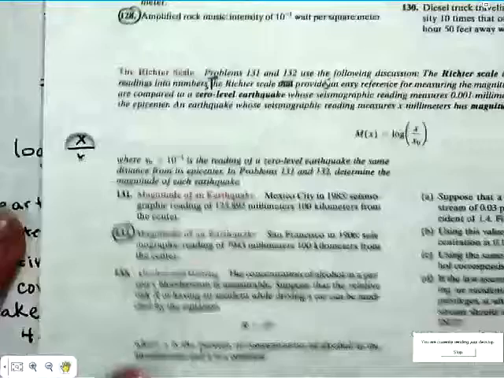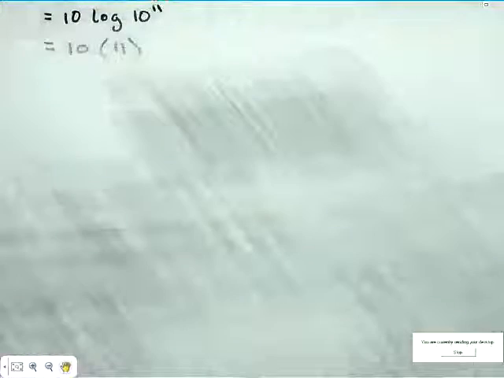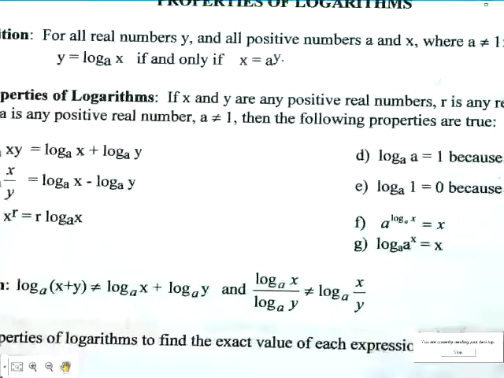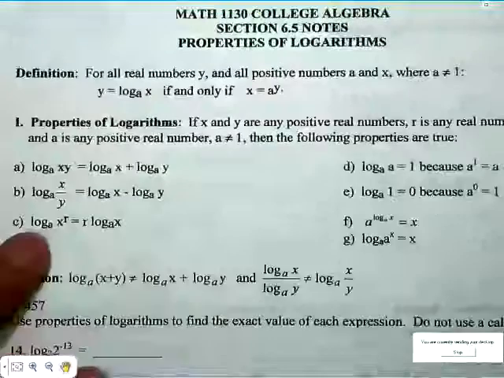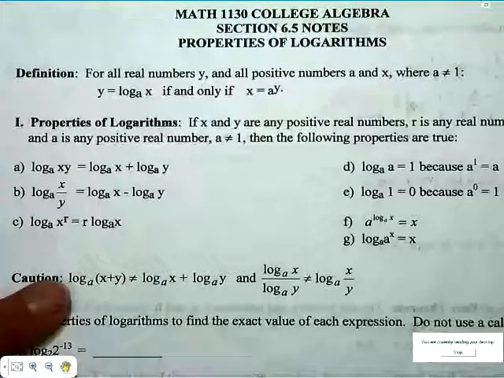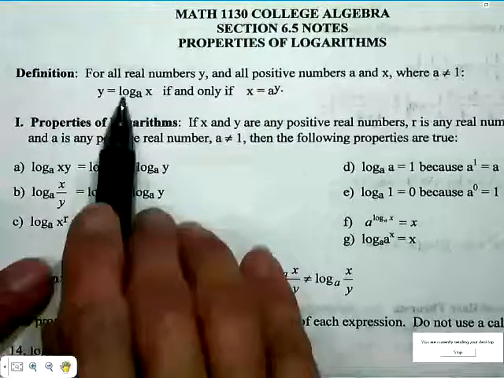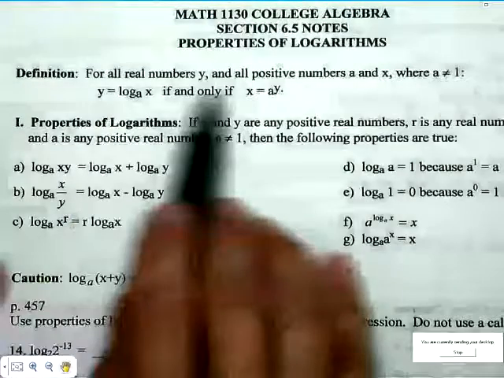All right, 6.5, properties of logarithms. For some reason, I felt like I should start this handout restating the definition of logarithmic notation, just to remind you of how to go back and forth between logarithmic form and exponential form.